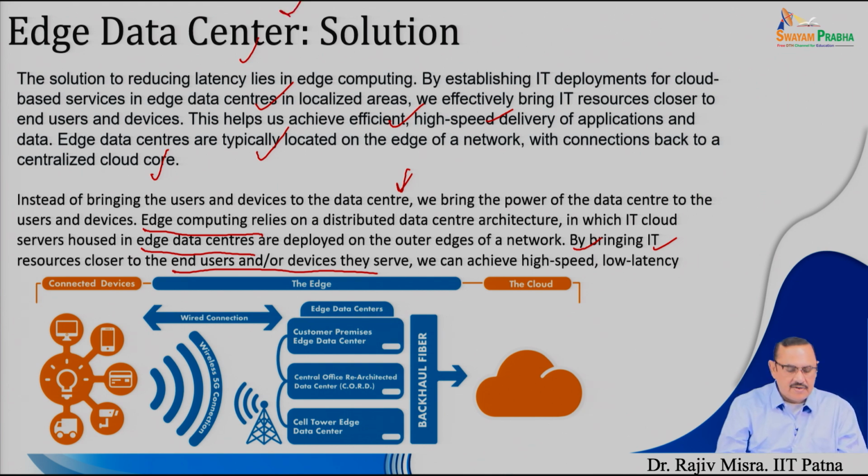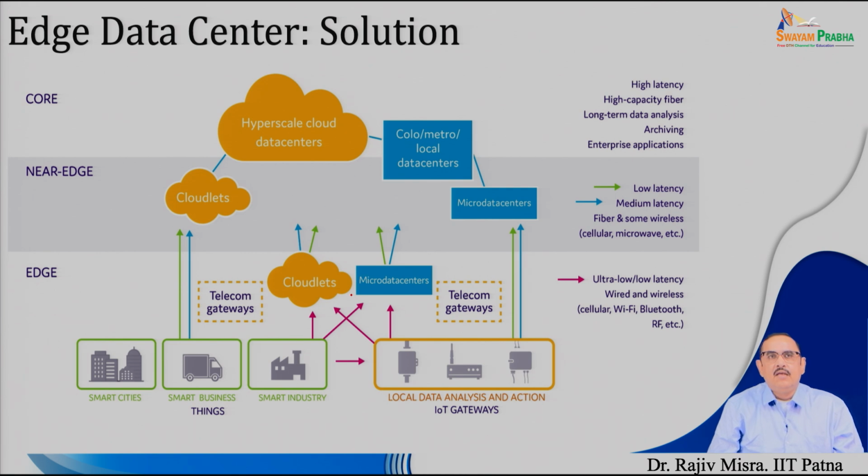In the example you can see, the cloud is quite far from the connected devices, whereas the edge is very close to the IoT or connected devices. These edge data centers make compute available close to the devices, not away from them, thereby paving a way to a new set of applications, called latency sensitive applications, that also do not depend upon network bandwidth.